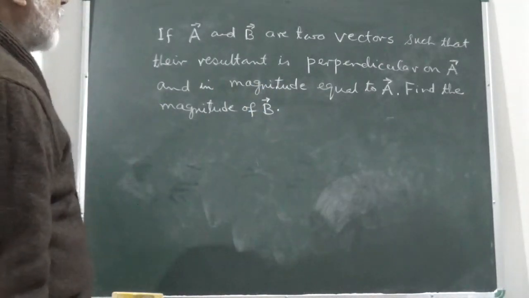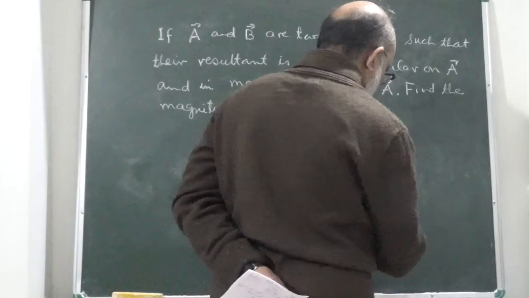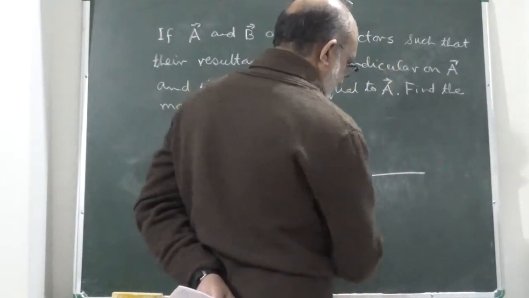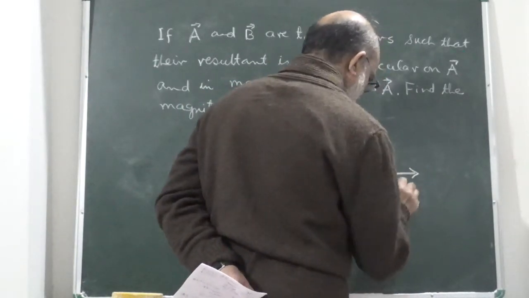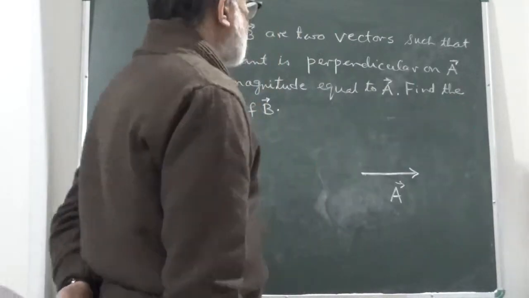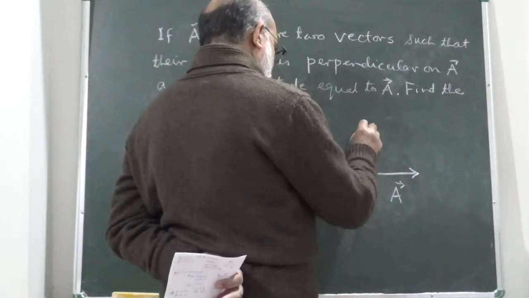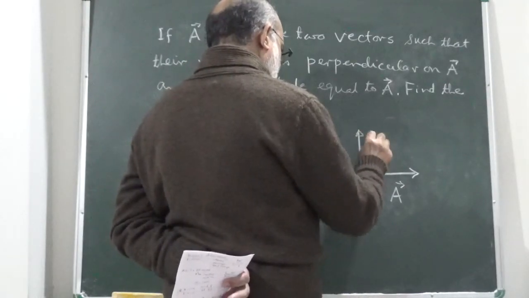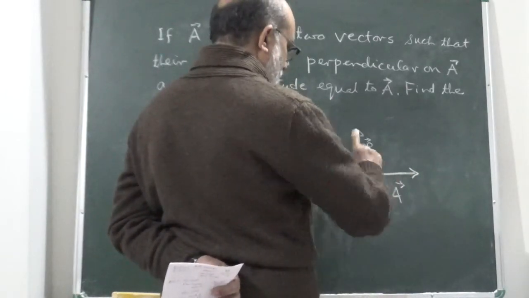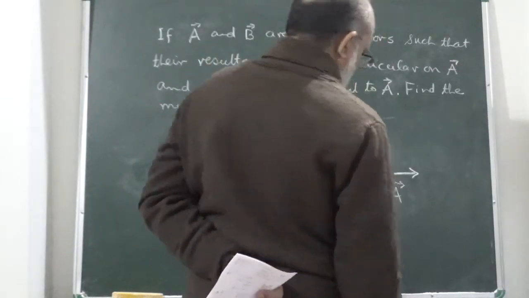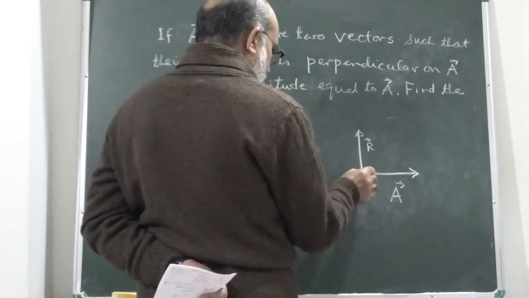So if A and B are two vectors and the resultant is perpendicular to A, suppose this is your vector A, and the resultant is perpendicular to A. This is the resultant, and the magnitude of the resultant is equal to the magnitude of A. So the length of this will be equal to the length of this, and this is the resultant of A and B. So B must be somewhere here.